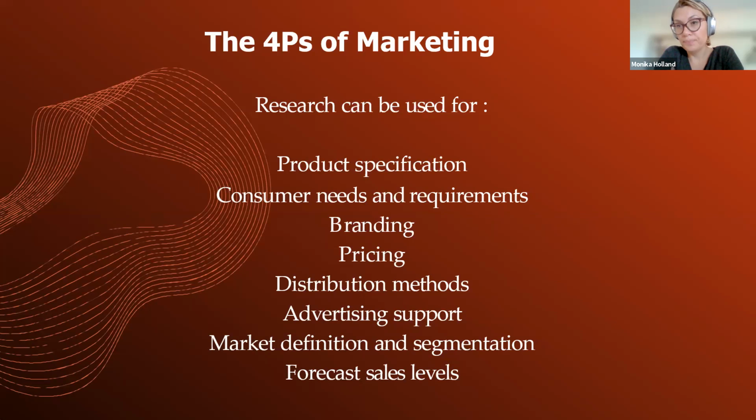About pricing, where do we stand in terms of pricing? Distribution methods, advertising support, market definition, segmentation, and forecast sales levels. So if you have a question on any of these points, the best way to do it is to do a market research.